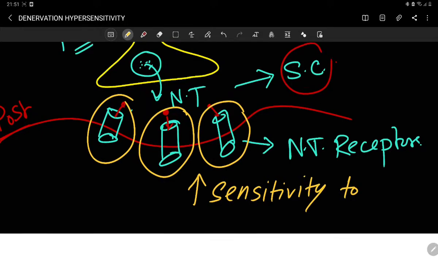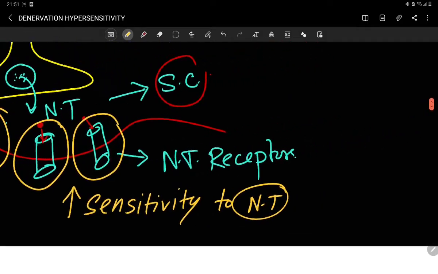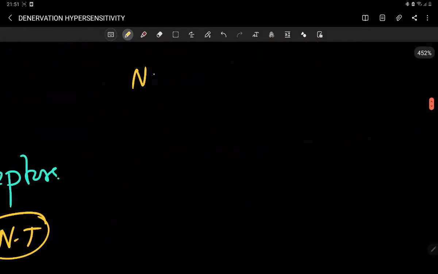So these receptors increase their sensitivity to neurotransmitter. The normal neurotransmitter level is now low.